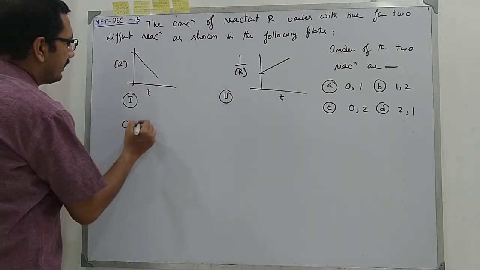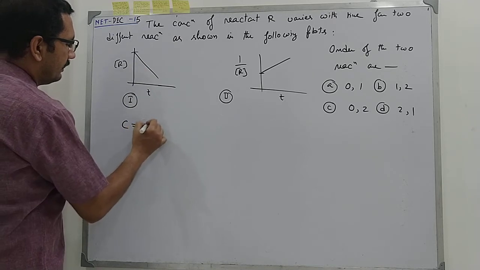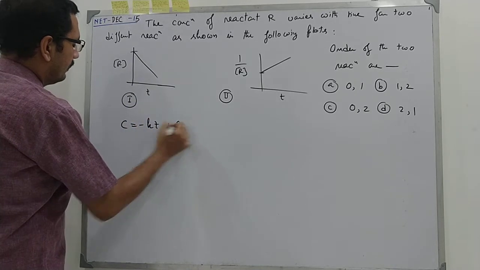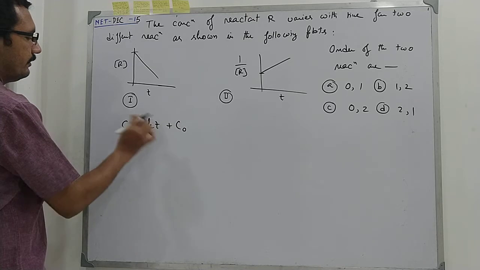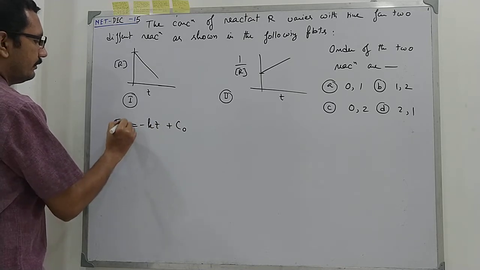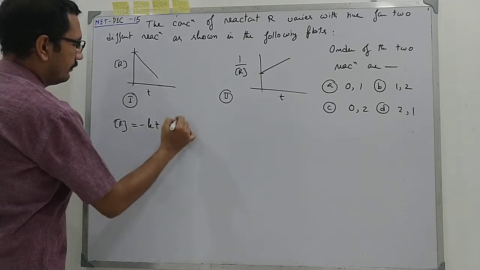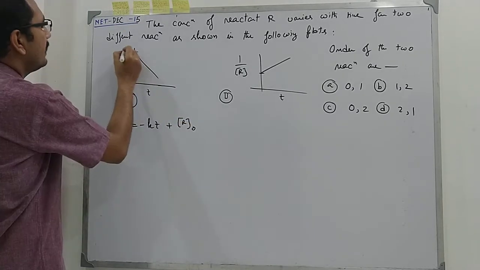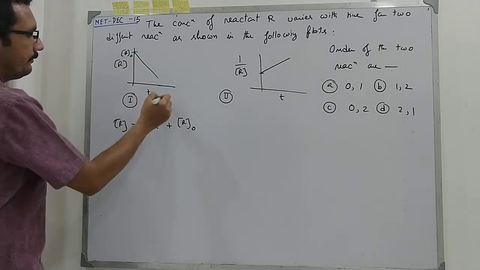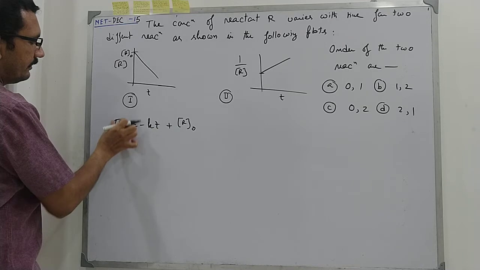We have the integrated rate equation for zero order as C equals minus Kt plus C0. So this is the concentration of the reactant. It starts from R0 and it falls with a straight line.